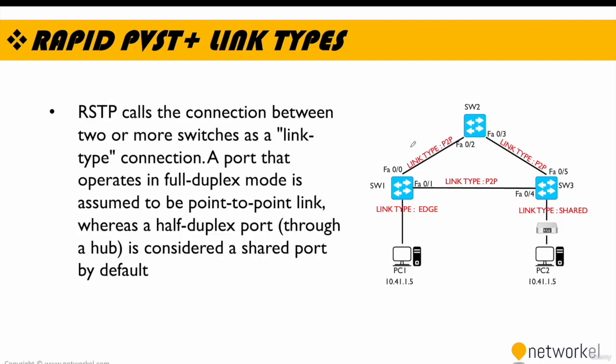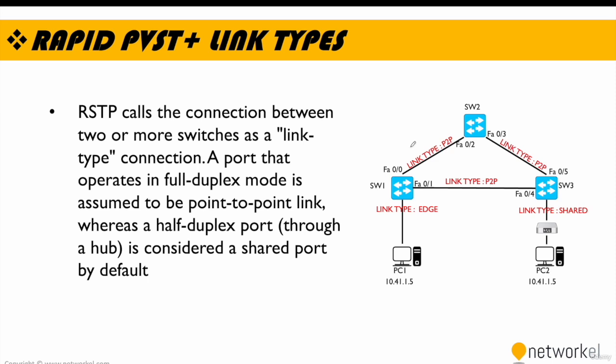Rapid PVST+ link types help define how ports on a switch interact with the network and their roles in maintaining the spanning tree topology. There are three primary link types.